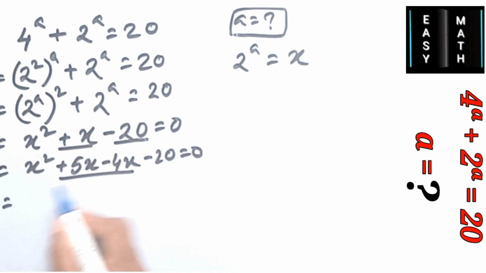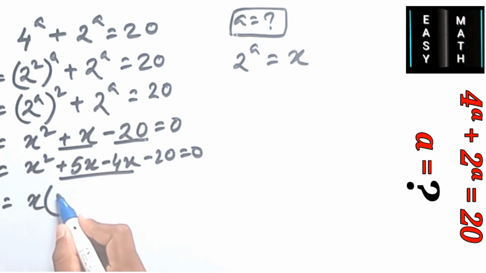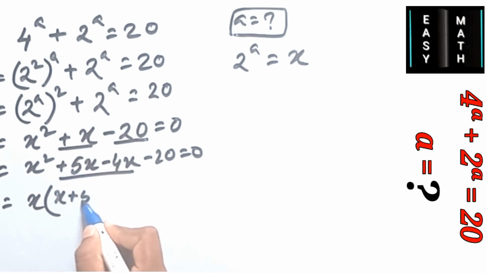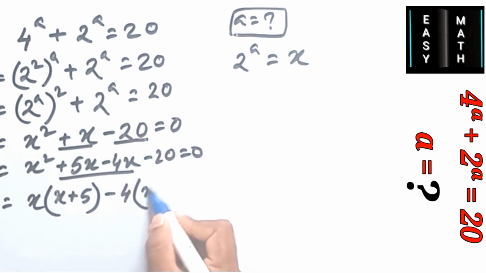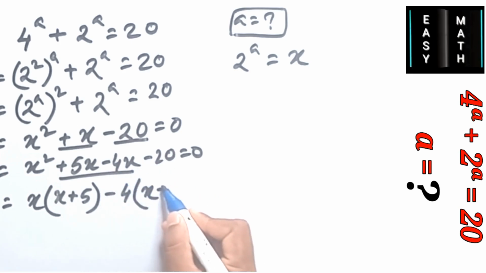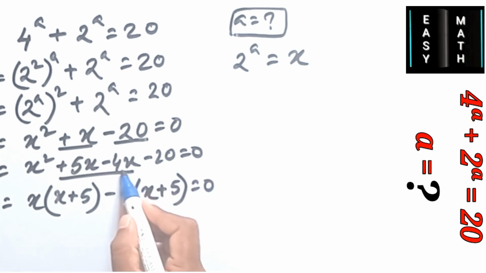And now there, x take the common, so there is x plus 5, and there is the 4 take the common, so there is x, and minus plus 5, this is 0.